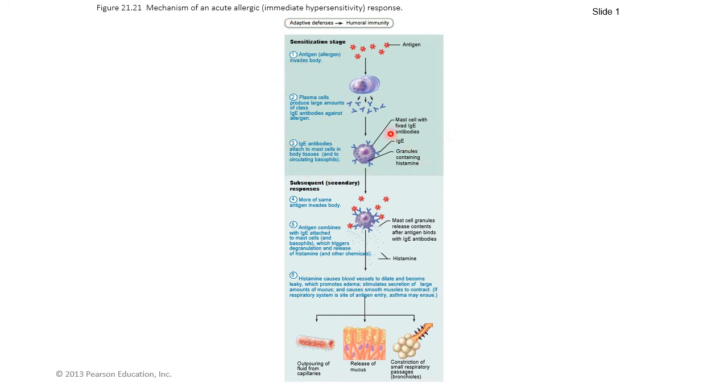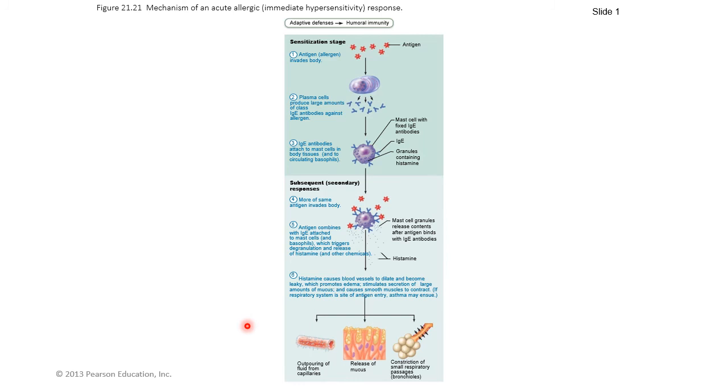That's setting the stage for the next exposure. So the first exposure, no problem. Now, the next exposure, the stage is already set. And the antigen now is going to bind to these mast cells and basophils attached to the IgE. And those cells, once they are activated, start to degranulate, and they start to release a lot of histamine.